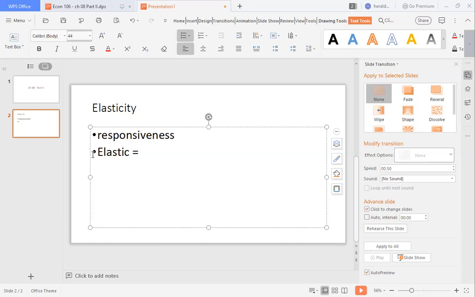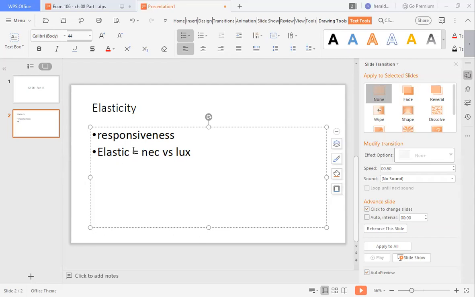Goods that are very elastic in nature are luxuries versus necessities. When goods are considered a necessity, they are a bit more inelastic.